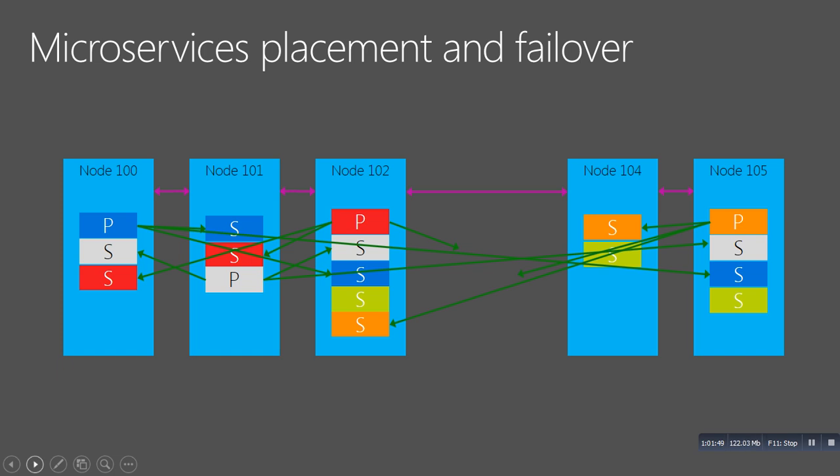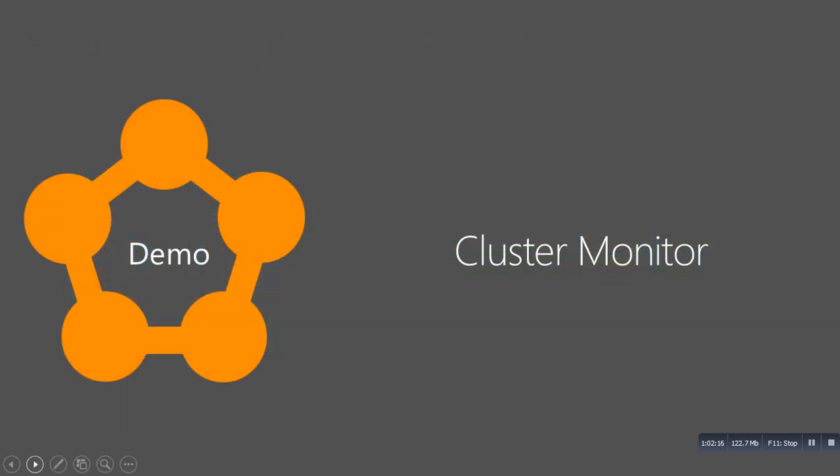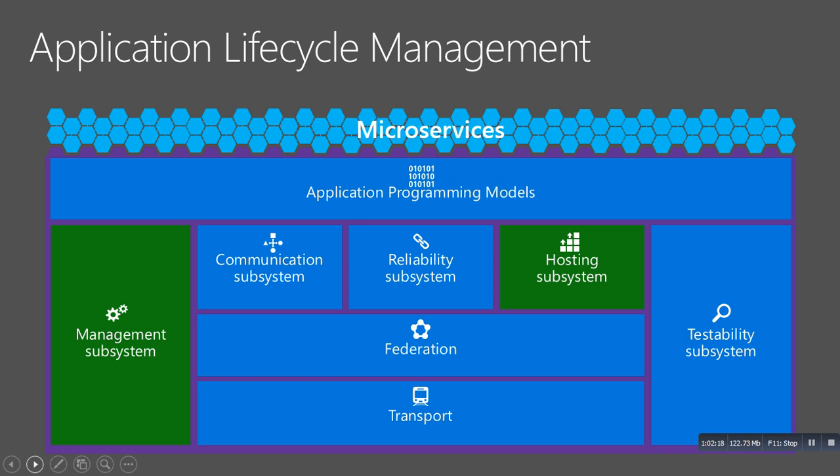So application lifecycle management: how will the application lifecycle get managed? I'd like to move forward quickly. An application is a logical grouping of microservices. This is one application composed of these four microservices, and these microservices will be deployed through containers into the cluster.